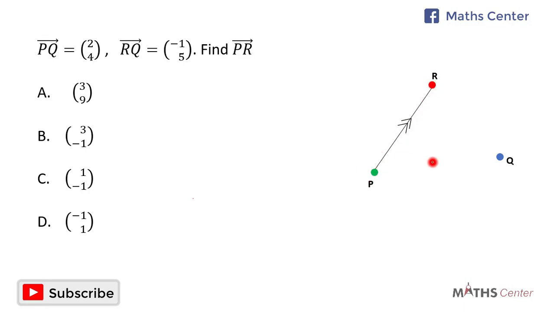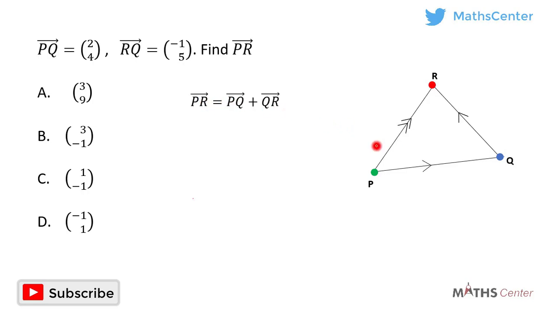As we can see from the diagram, moving from P to R will be equal to moving from P to Q, and then moving from Q to R. So the vector PR is equal to the vector PQ plus the vector QR.